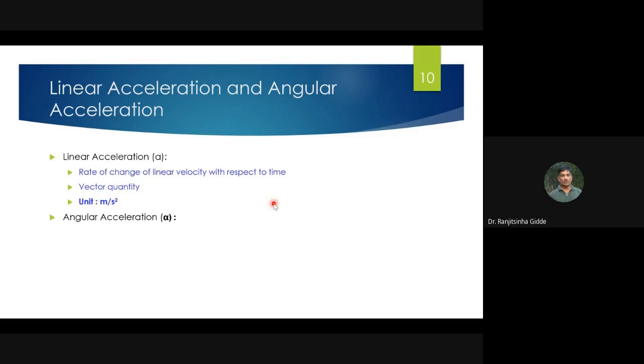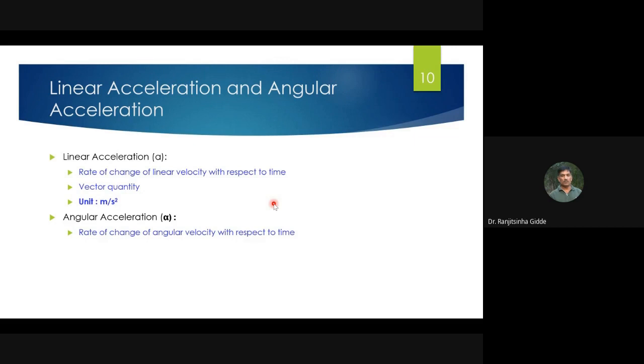Then next term, that is angular acceleration. Inside the bracket you can write alpha. What is this angular acceleration? It is the rate of change of angular velocity with respect to the time.